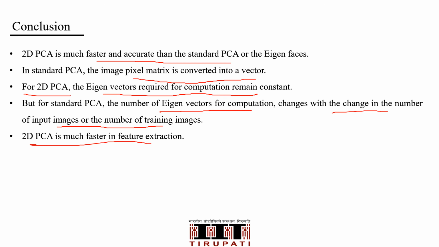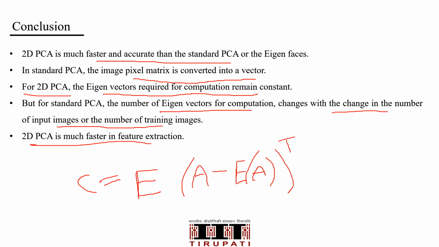That you can see from the expression: covariance matrix is equal to expectation of (A minus its mean value, where A means our image matrix) whole transpose into (A minus expectation of A).